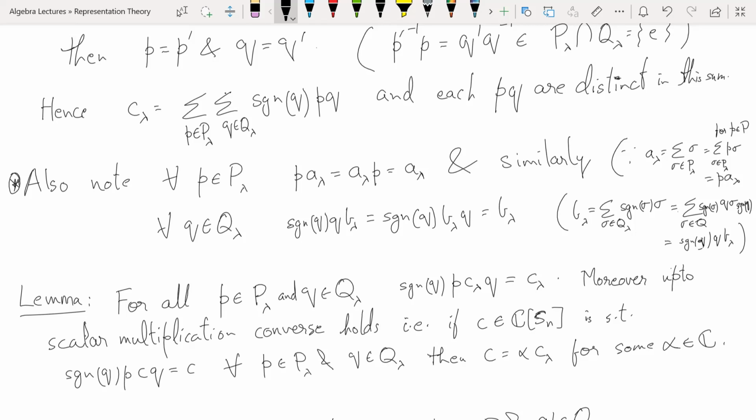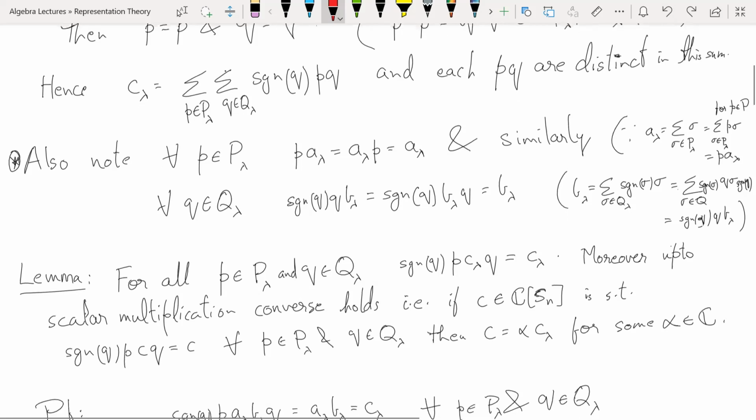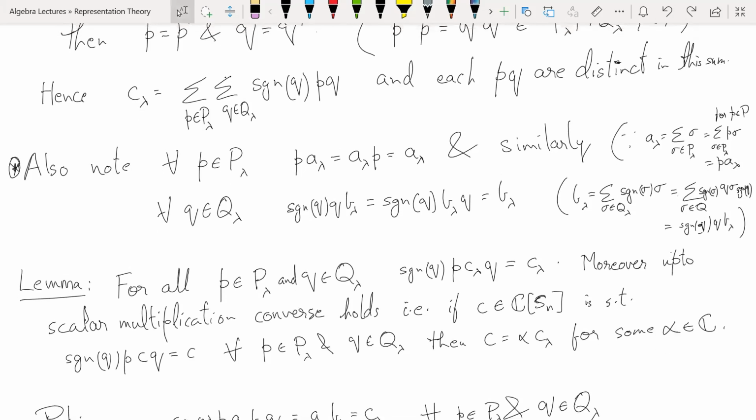Of course, if you replace C lambda by a scalar multiple, this identity will still hold. So that is the best you can hope. Let's see a proof of this lemma.